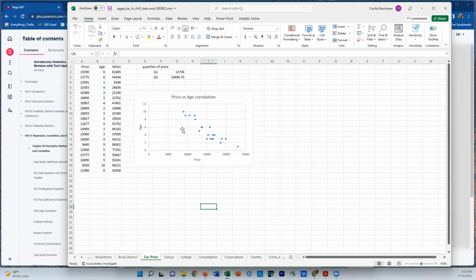So let's say we wanted to actually get that R value, the correlation. What is the strength of this correlation? In order to do that, we just use this function. Let me just identify what I'm doing here.